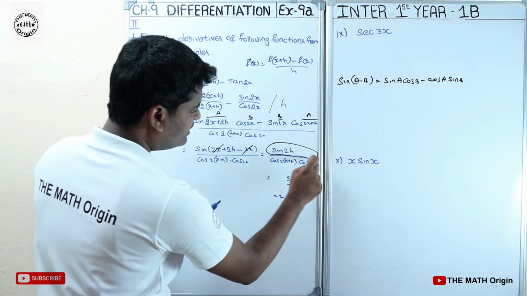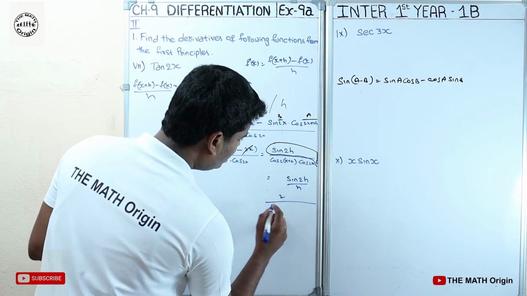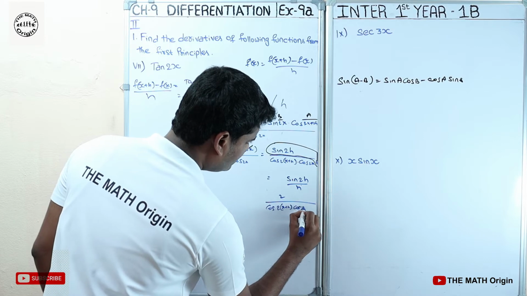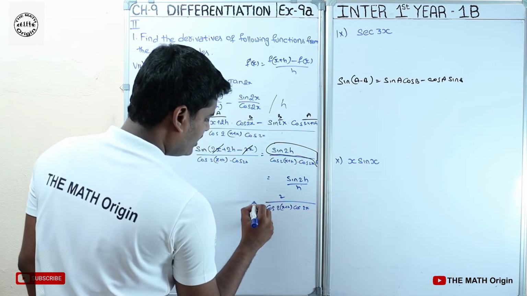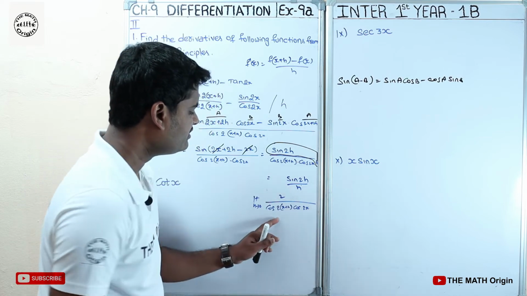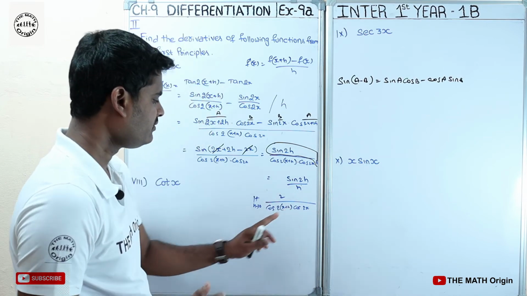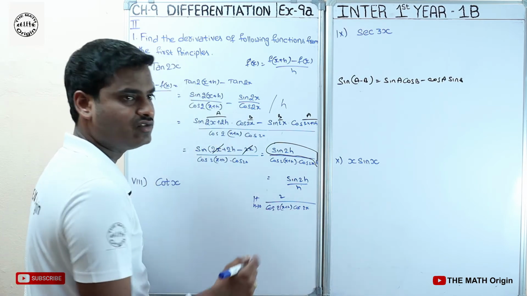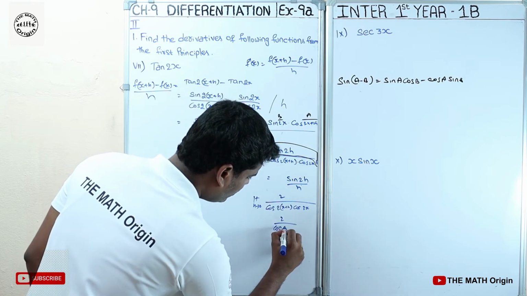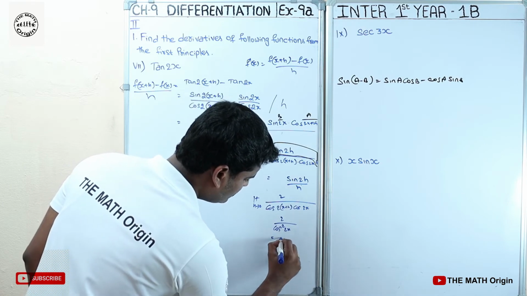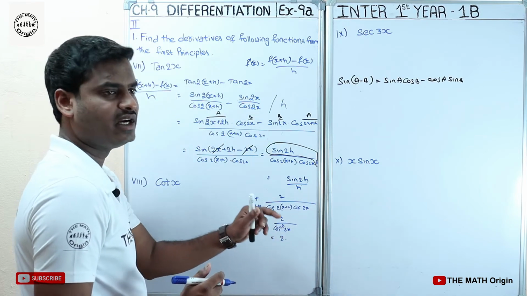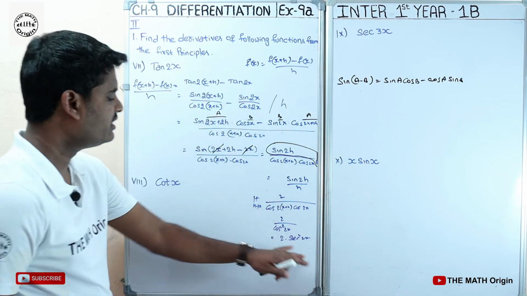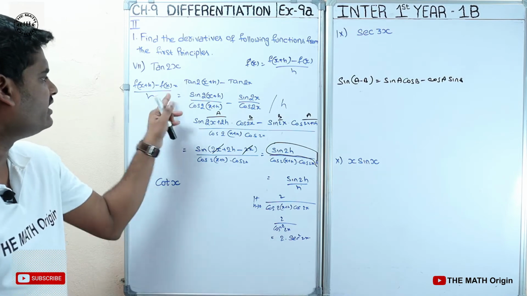So now we got 2 whole divided by cos 2 of x plus h into cos 2x, and also we have limit h tends to 0. Now let's substitute h equals 0 here. The value will be 2 by cos 2x into cos 2x, which is 2 by cos square 2x, which is 2 secant square 2x, the derived value for tan 2x.